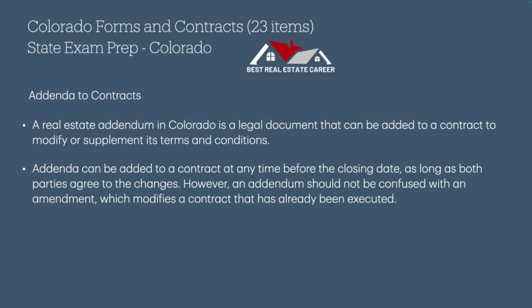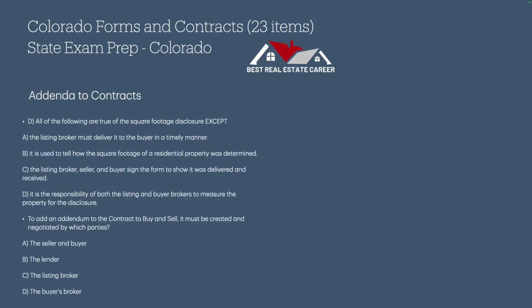That's an amendment. If we need to add something to a contract, that's an addenda. And it says this is before it closes. We can't modify anything after the contract closes. There's nothing to modify, the contract's been completed. So be cautious and conscious of that little nuance.